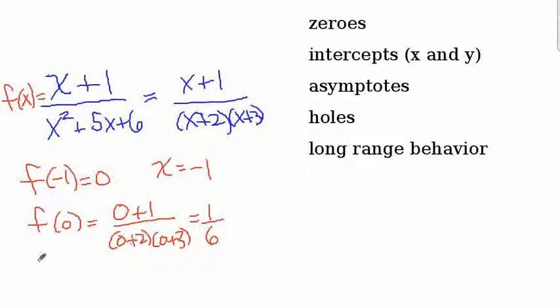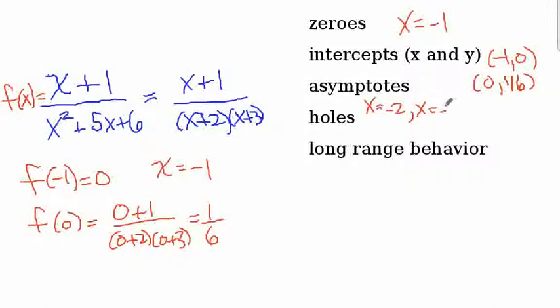That's called a vertical asymptote. So for this one, the zero is x equals minus 1. The intercepts are minus 1, comma 0, as well as 0, comma 1/6. And the asymptotes, we've got vertical asymptotes, x equal to minus 2 and x equal to minus 3. Now we also have a horizontal asymptote. A horizontal asymptote means it's getting closer and closer as x gets huge, or gets to a big negative number.